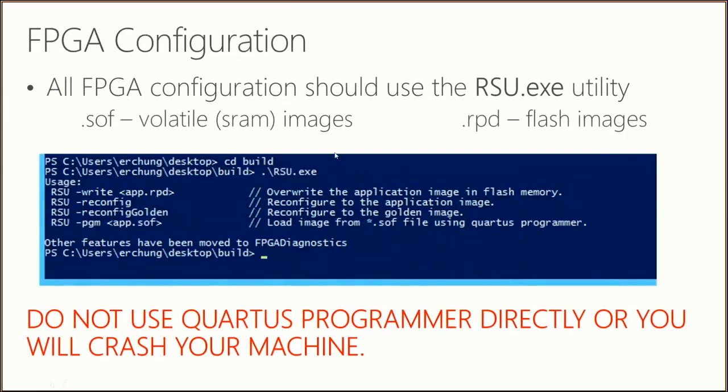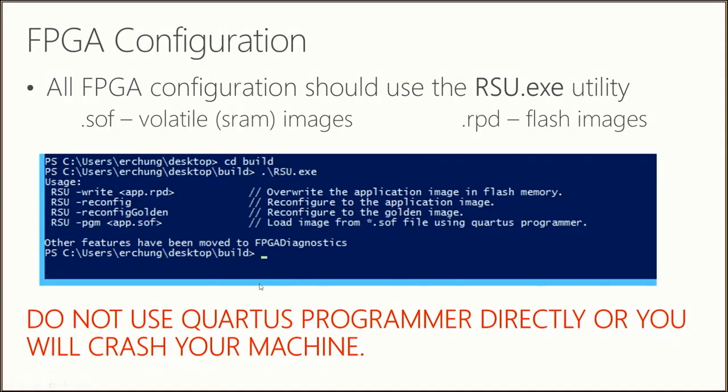To program the generated RPD file to the FPGA, you should use the rsu.exe utility. You can type rsu-write RPD file to write the FPGA flash memory, or type rsu-reconfig to reconfig the application image.